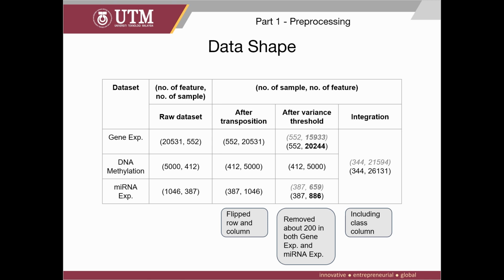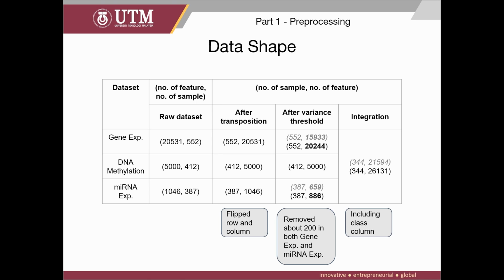So this time, after the variance threshold, I have removed about 200 columns from both gene expression and mRNA expression. So compared to last time, we can see that this time in gene expression, I have removed about 4,000 less columns compared to last time and about 200 columns for mRNA.